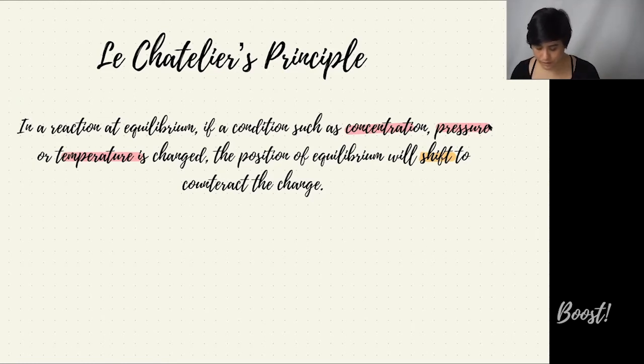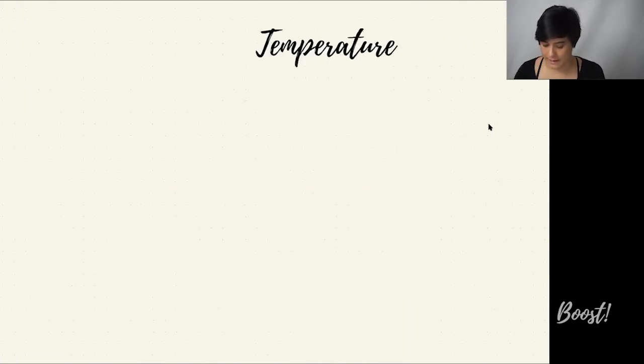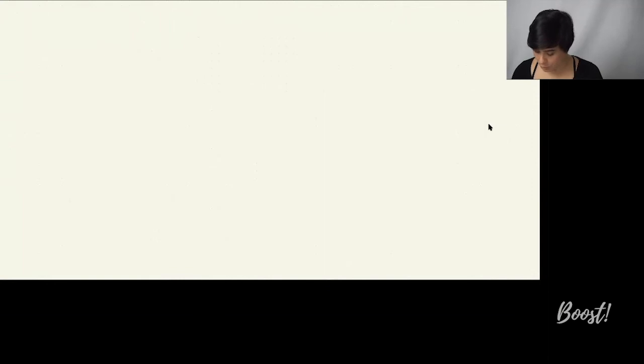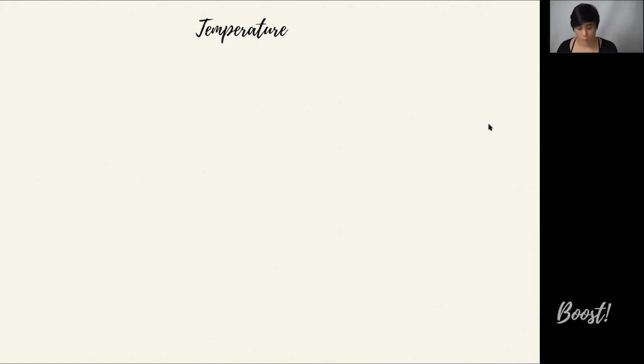So that's just the key theory of Le Chatelier's principle, and I will quickly remind you of how these different factors affect the position of equilibrium based on Le Chatelier's principle. So in order to figure out what the effect of temperature is going to be on any particular reaction, we need to know whether the forward reaction is exothermic or endothermic.